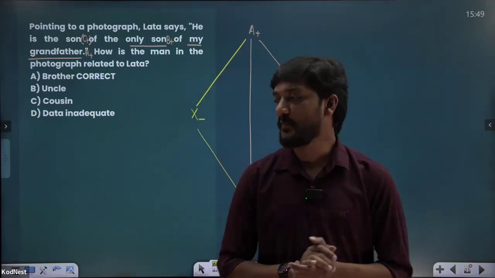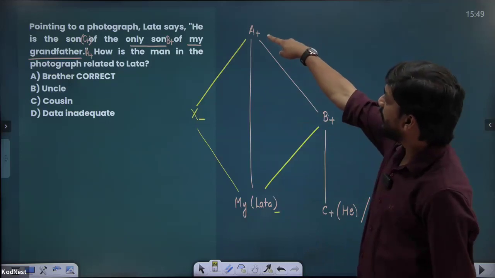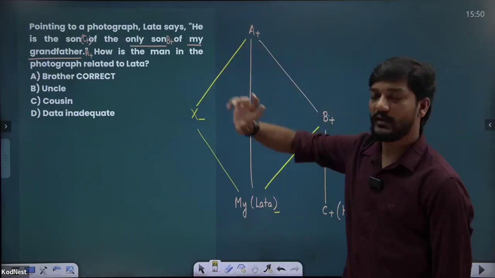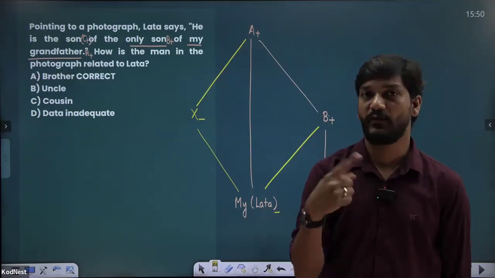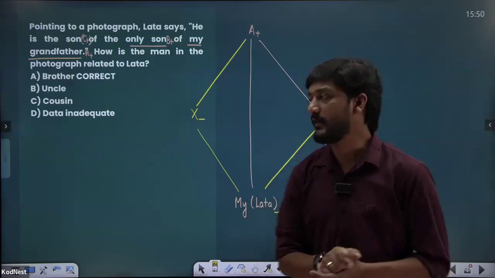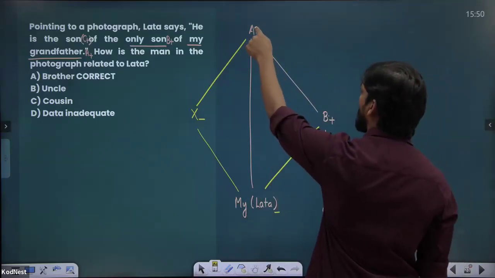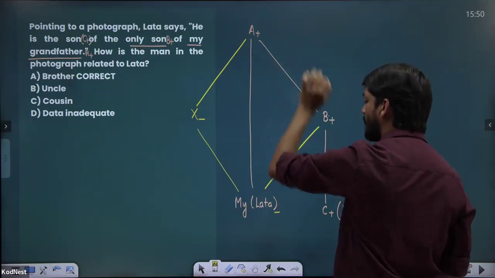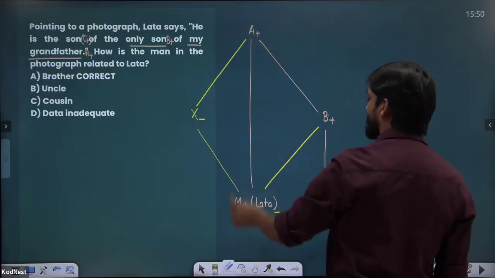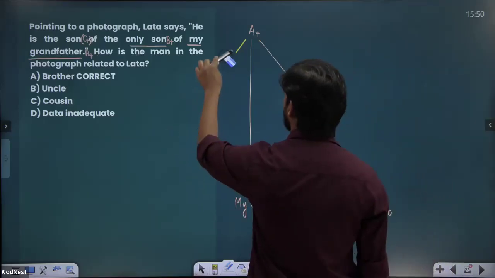Whenever something is not mentioned, for example, if it is not mentioned who this grandfather is, whether he is the grandfather from the father side or the mother side, in that case, you will assume he is the grandfather from the father side by default.